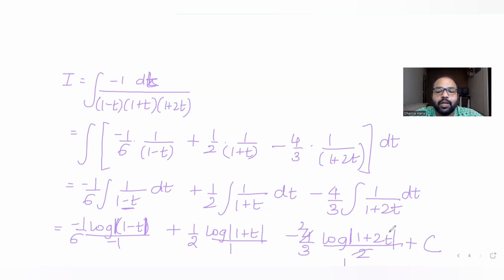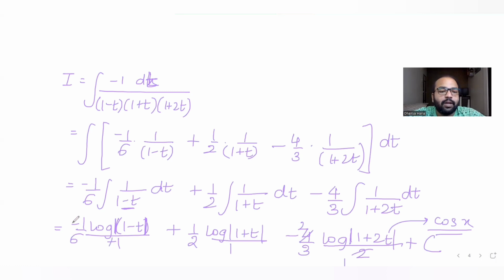We put t as cos x, right? So I can resubstitute the value of t here. If I resubstitute, what do I get? Minus and minus, I can cancel that as well.